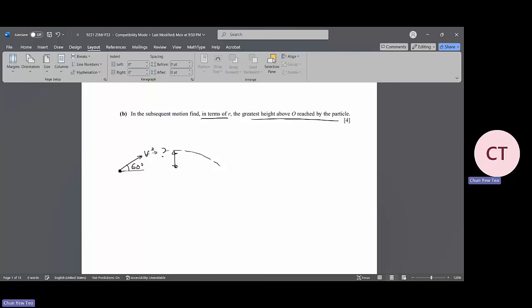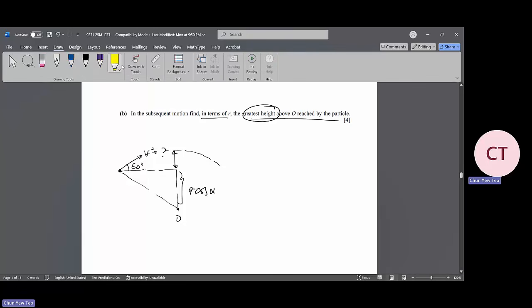You are looking for the greatest height. This is the maximum height. This is the center of the circle. This is the R cos alpha. So the maximum height needs to be calculated from here and this added together.